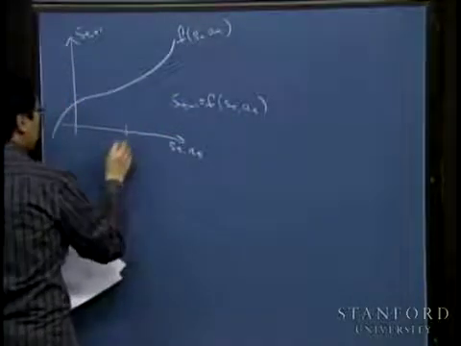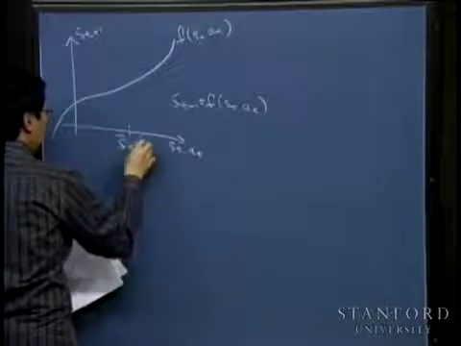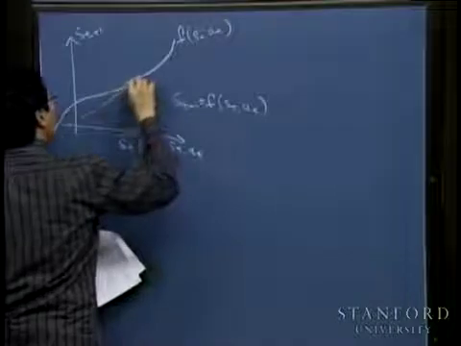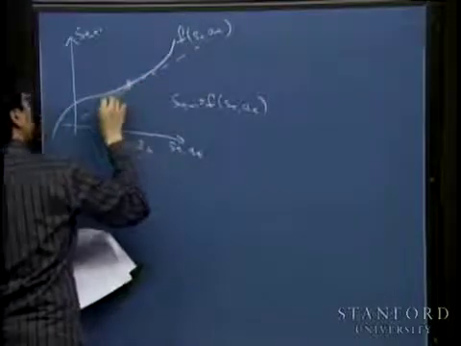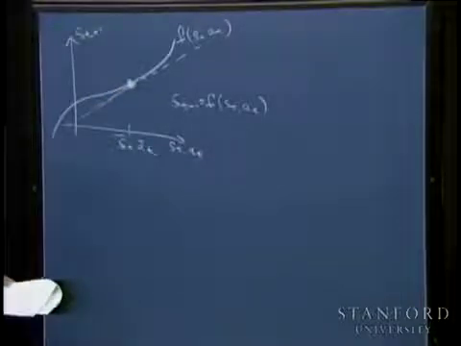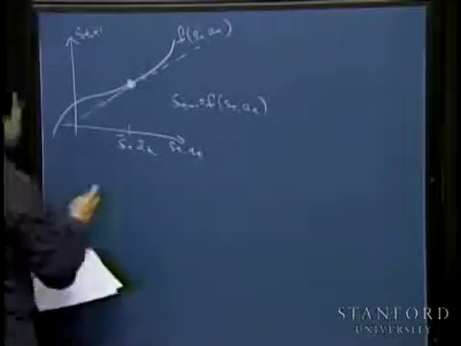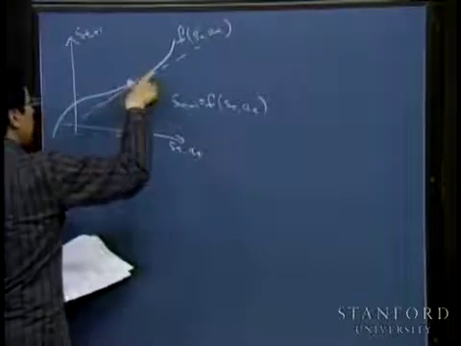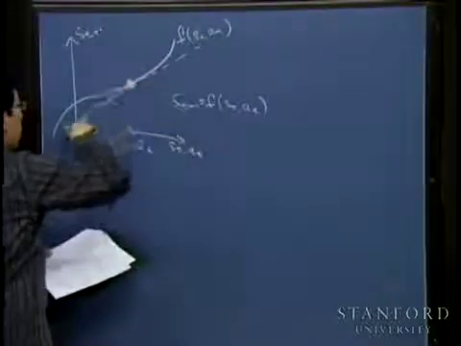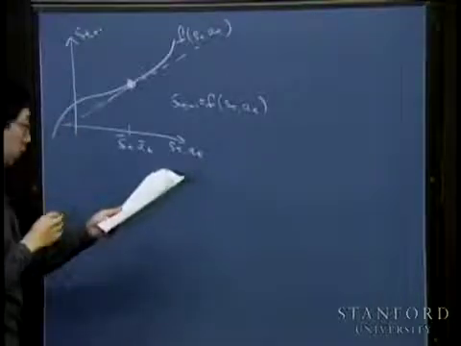I then said that you can choose a point around which to linearize your simulator, by which I mean that you choose a point and approximate the function f using a linear function that's tangent to the function f at that point.